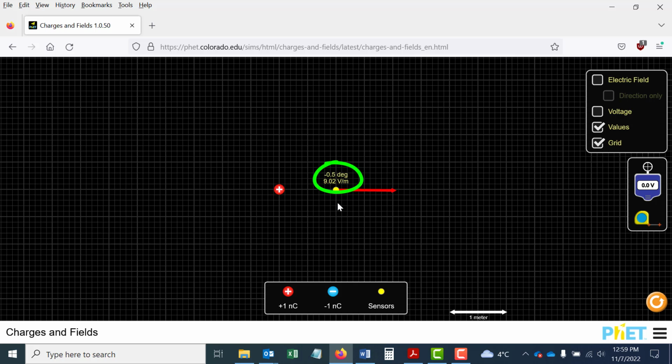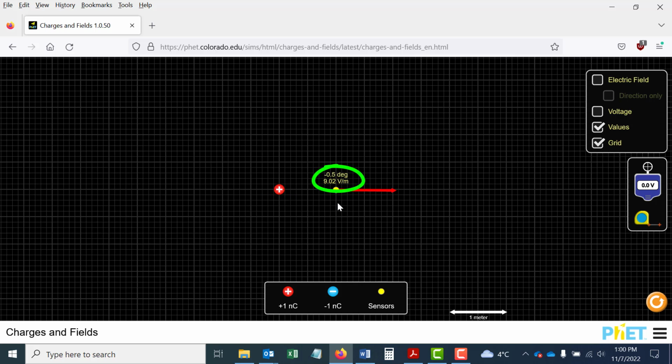Now I want to just pause here a moment and explain what electric field is, because it's a bit of a strange concept. The electric field is basically a measure of how much force an electric charge located here would have felt. So if I had put a charge here instead of a sensor, how much force would it feel due to the other charge?